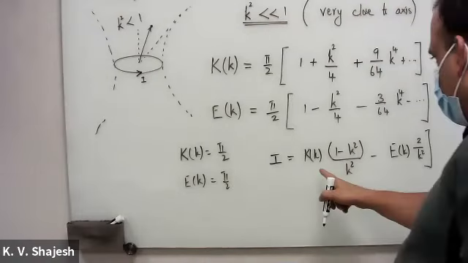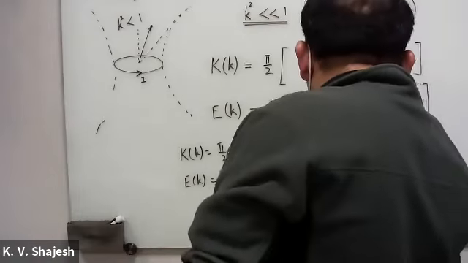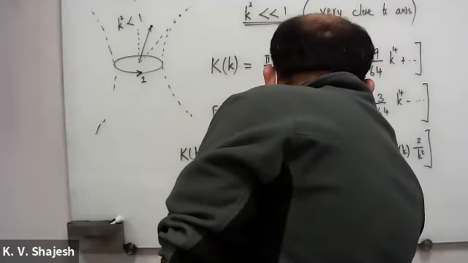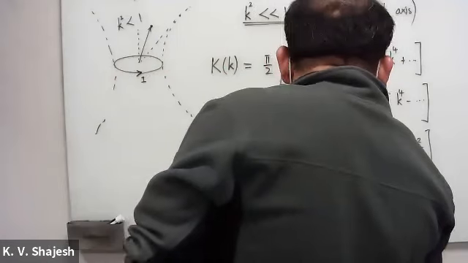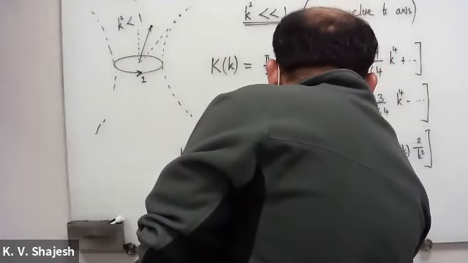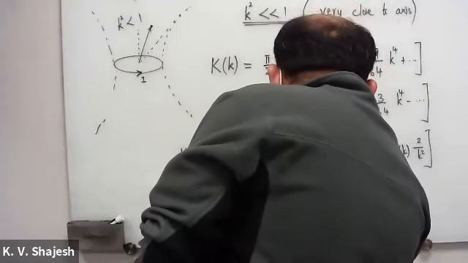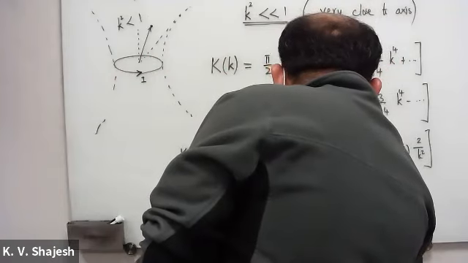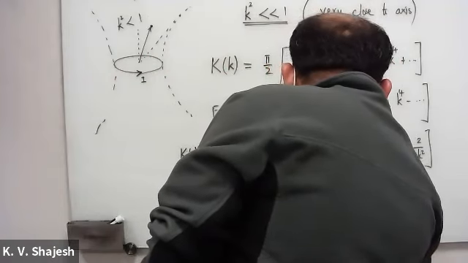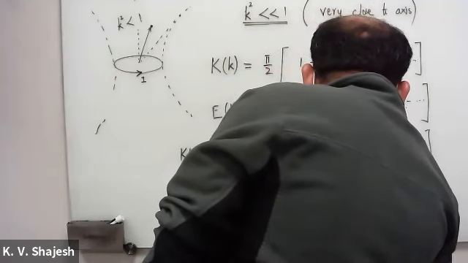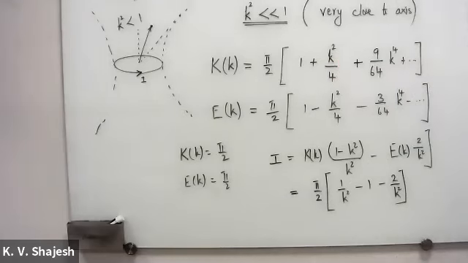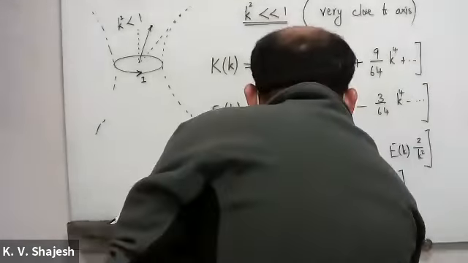And you see that, oh, that's pi by 2, that's pi by 2. So it's 1 over k square minus 1 minus 2 over k square. Right? And you notice that this is not sufficient.